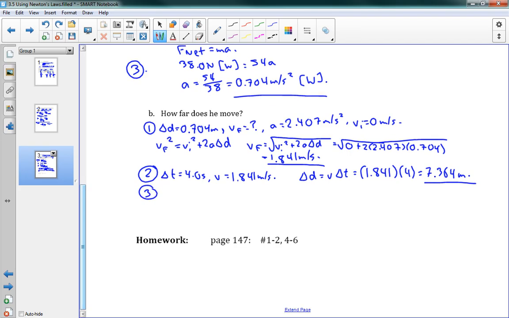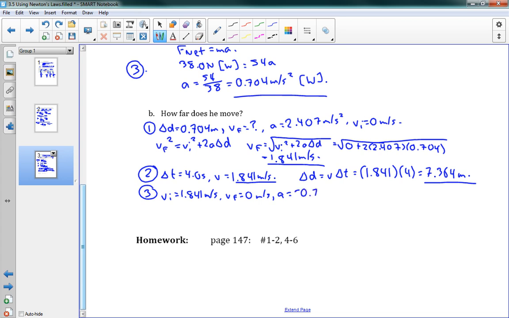But step 3. We know now that his initial velocity is this same speed here. Vi is equal to 1.841 meters per second. He's slowing down to a stop, so his Vf is equal to 0. We know that his acceleration, we calculated that above, it was to the west, so I'm going to say it's negative.